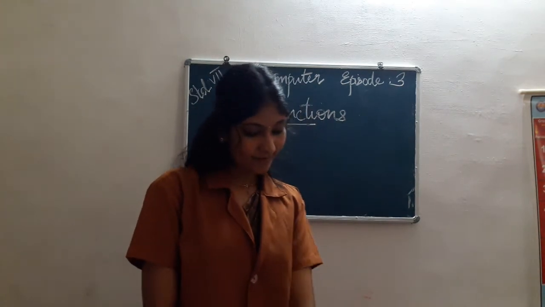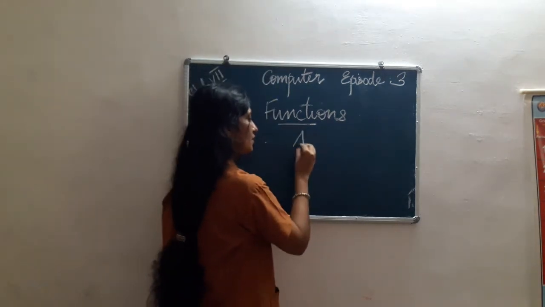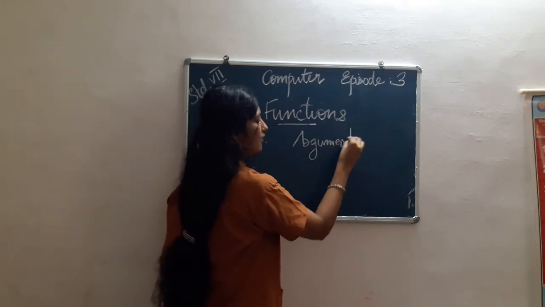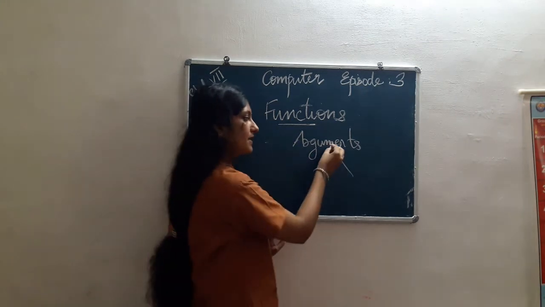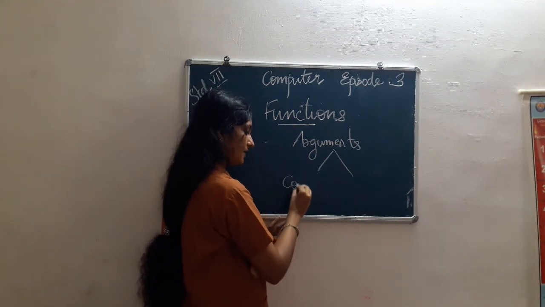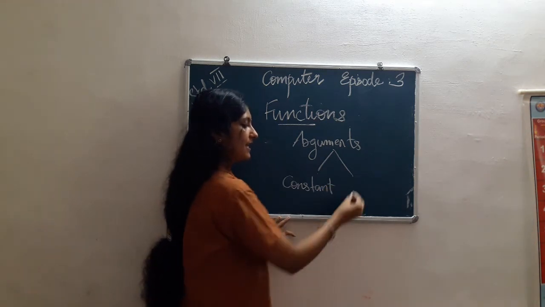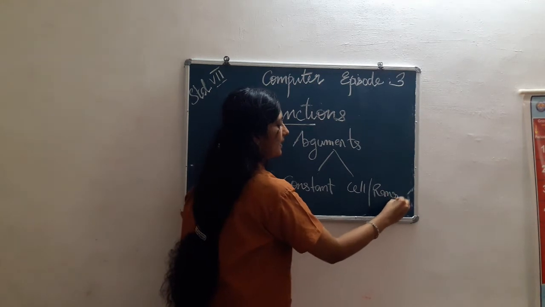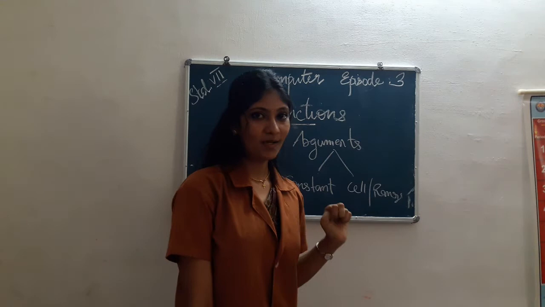The next topic is that arguments are of two types. The first type of argument is a constant, and the second type is a cell or range.